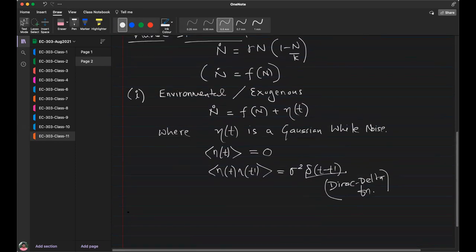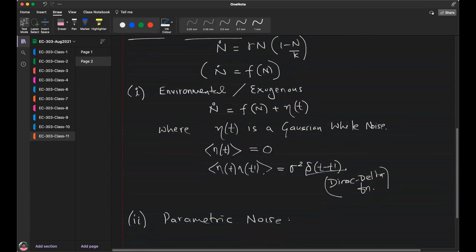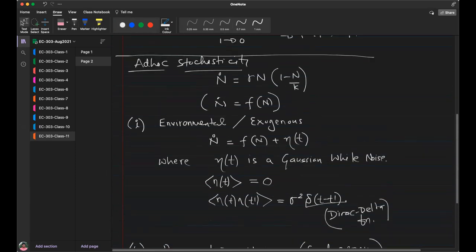Okay, an alternative way is a parametric noise, which is an endogenous noise in some ways. So what do we mean now? Let's go back to the logistic model.